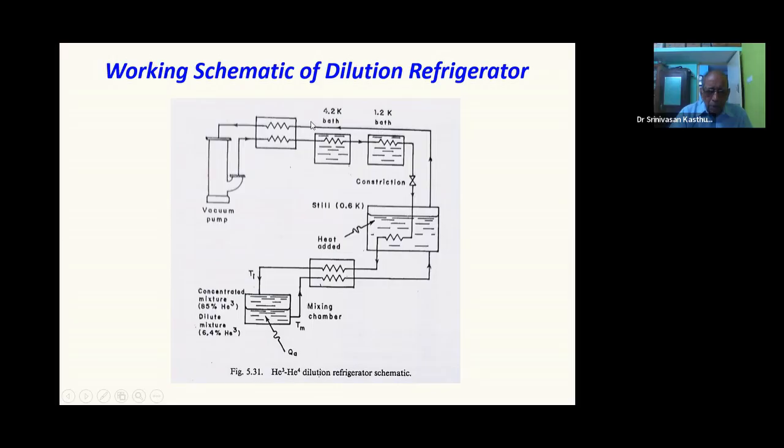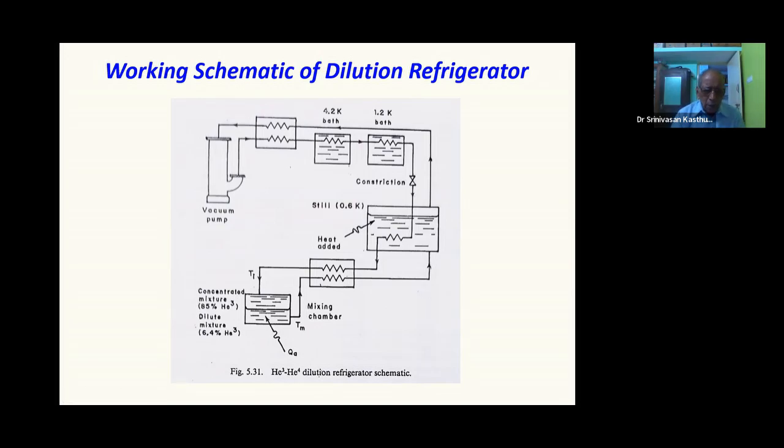So you are pumping, and the pressure here is reduced such that you are able to have a temperature close to 0.6 Kelvin in the still. The cooled fluid enters a heat exchanger, and then goes to a mixing vessel, which you can also call a mixing chamber.